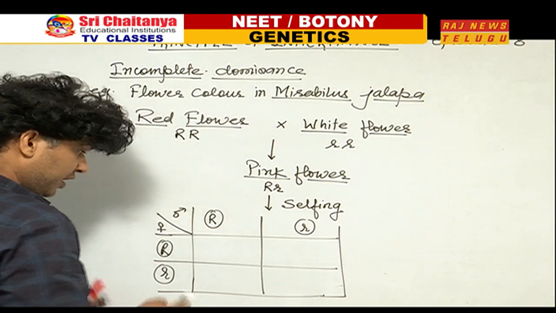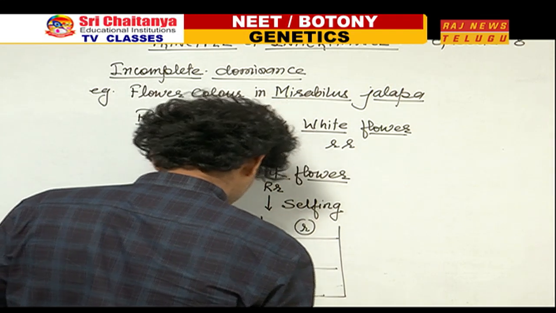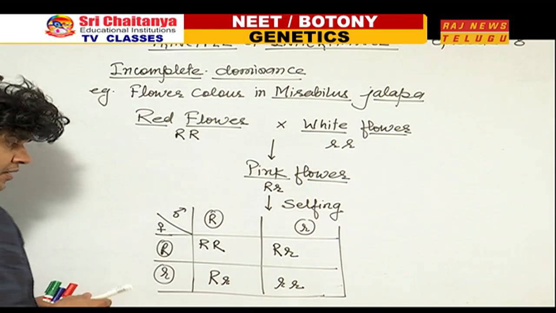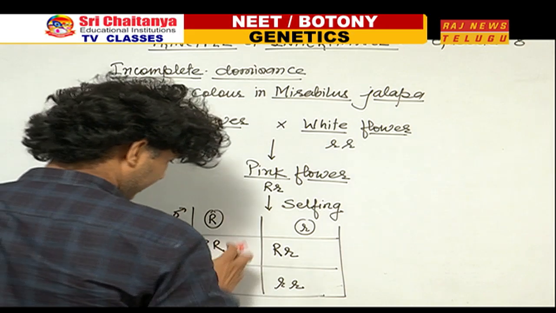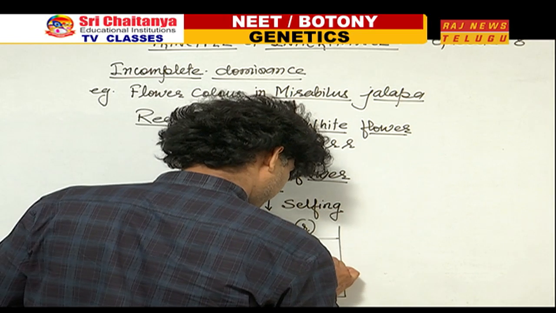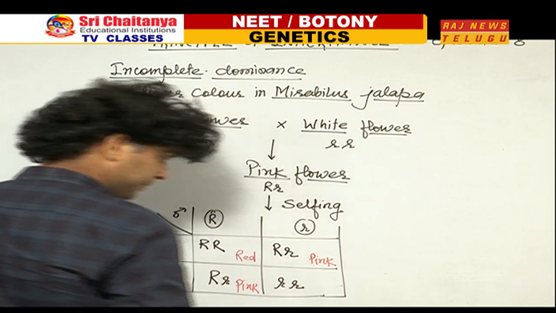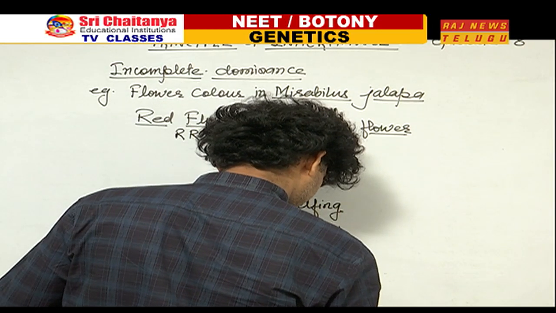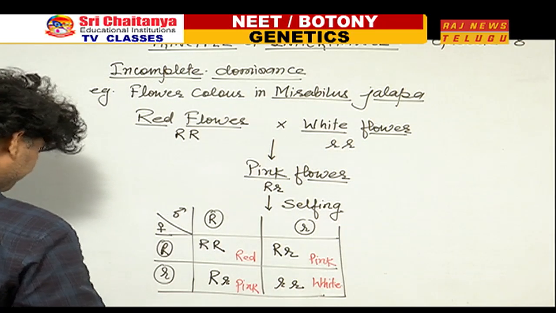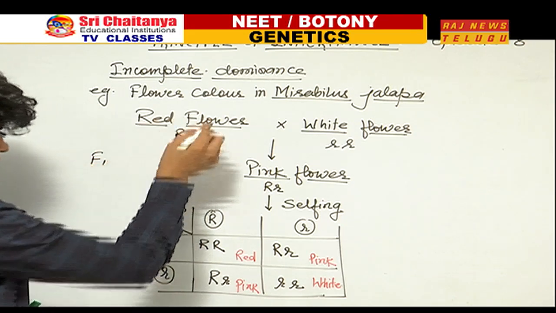Now the progeny are capital R capital R, capital R small r, capital R small r, and small r small r. It means red flower, pink flowers, pink flowers, and white flowers. So in the F2 progeny, this is F2 progeny, this is F1 progeny, these were the parents.